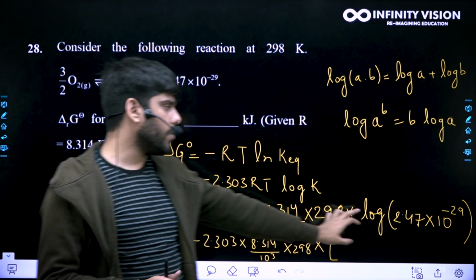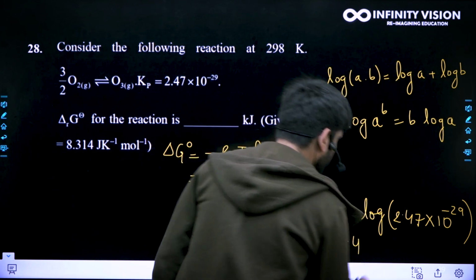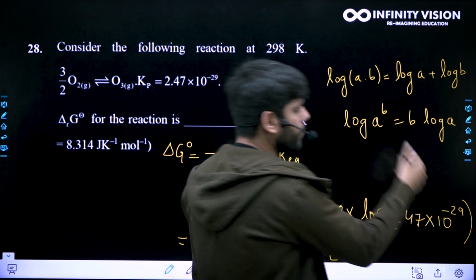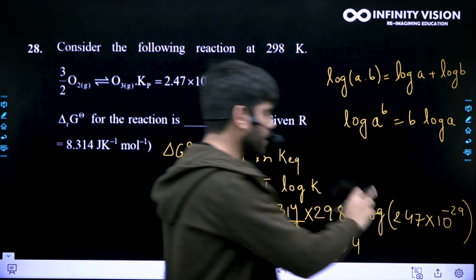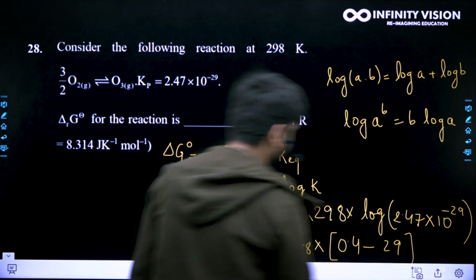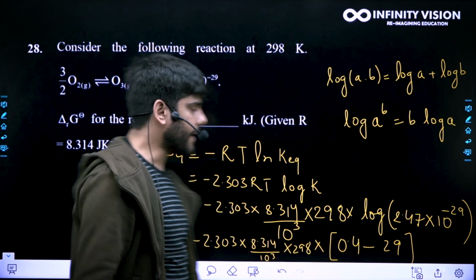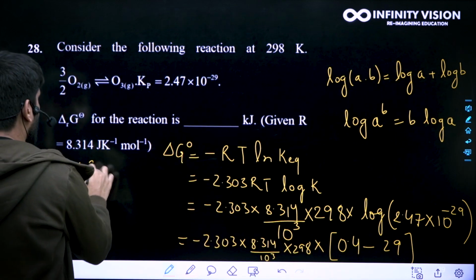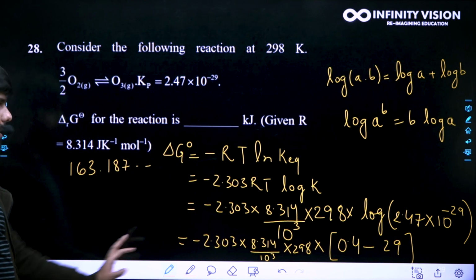So can we take log of 2.47 around 0.4? Okay, so I'm taking 0.4, and log of 10 to the power minus 29 would be minus 29 log 10, and log 10 is 1, so it is minus 29. And when you solve it, because this minus and this minus will get cancelled, you will get 163.187 something, right? Kilojoules.